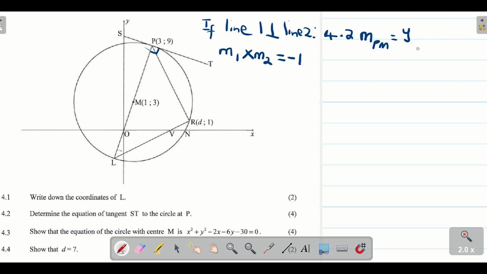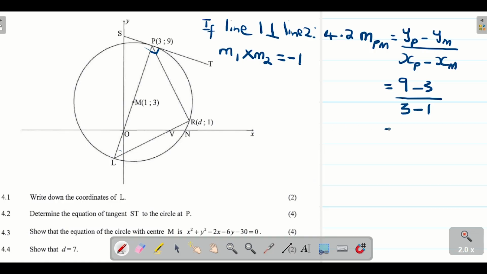So now I'm gonna have the y value of P, gonna subtract the y value of M, and I am gonna have the x value of P, and I'm gonna subtract the x value of M. So this will be y of P is 9 minus the y value of M is 3, all over x value of P is 3 minus x value of M, which is 1.